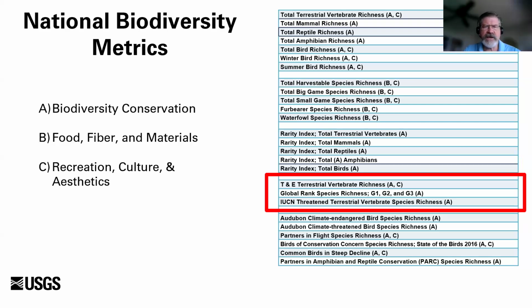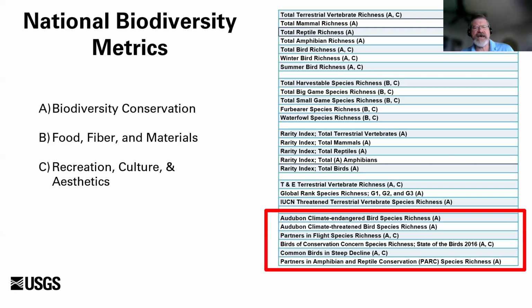We have the standard kind of T&E species. We looked at NatureServe. They have these G1, G2, and G3 species. Those are species that are ranked for vulnerability. The IUCN threatened terrestrial vertebrate species, so we can come up with metrics that reflect that.